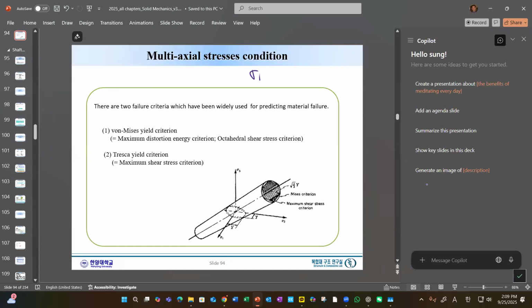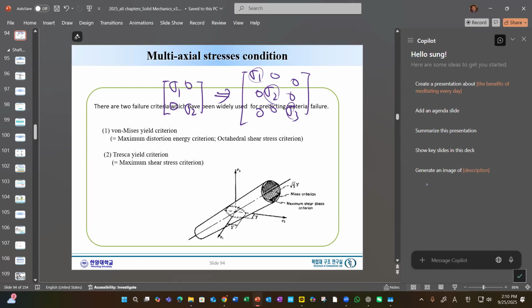Multi-axial means sigma 1, sigma 2, and sigma 3 are the principal stresses. This is the three-dimensional space. In two dimensions, we can say sigma 1, sigma 2, and the shear stress is 0. Why is the shear stress 0? Because it's a principal stress. And then three-dimensional is like that.